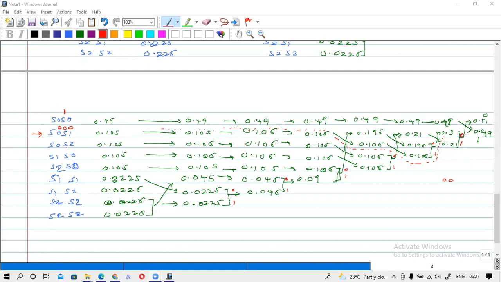Okay, and if you want to find this one, you have to follow this path. 0, 0, 1. Let's see. Oh no, so from 0. We start from 0.